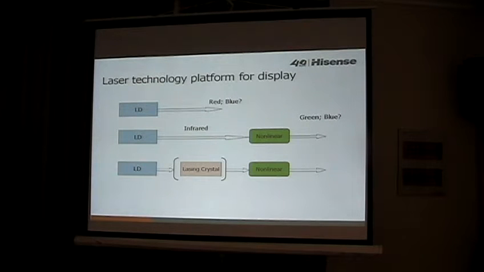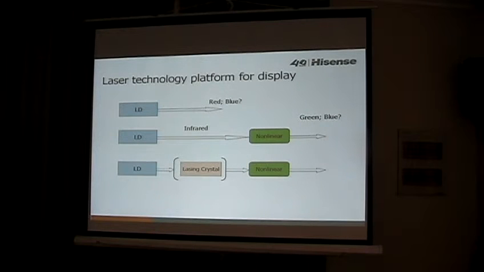So based on these two drawbacks, one is that we do not have efficient emission for green, so we have to go to nonlinear optics to do frequency doubling to convert the infrared wavelengths to the green wavelengths.